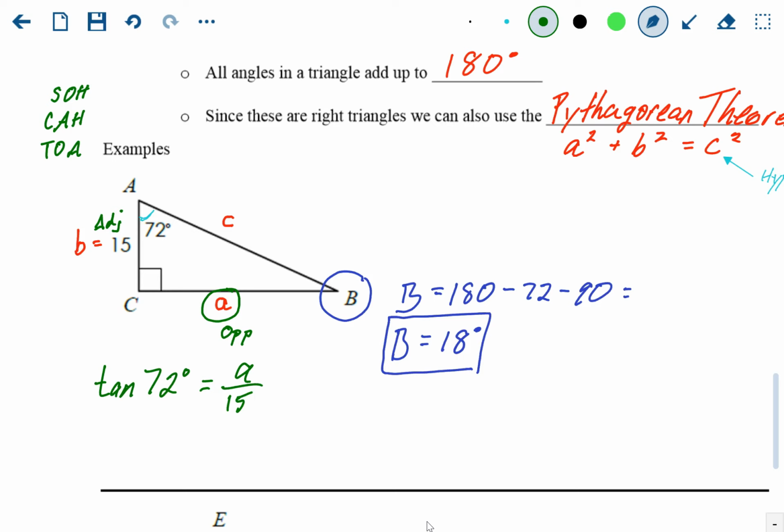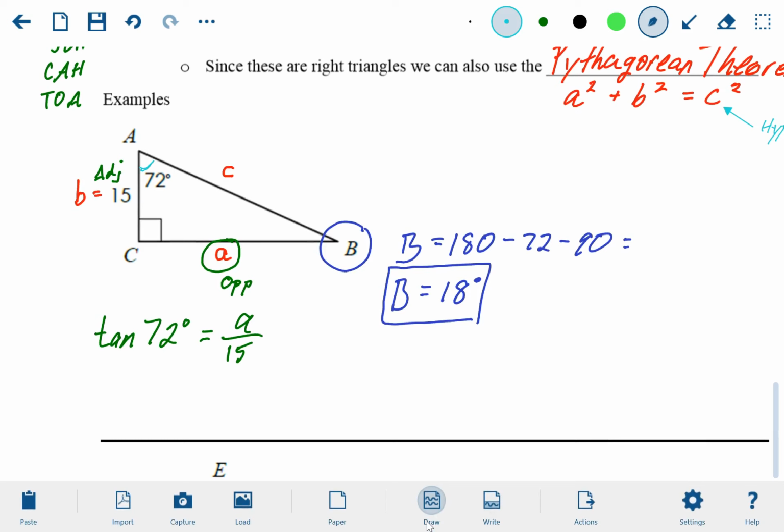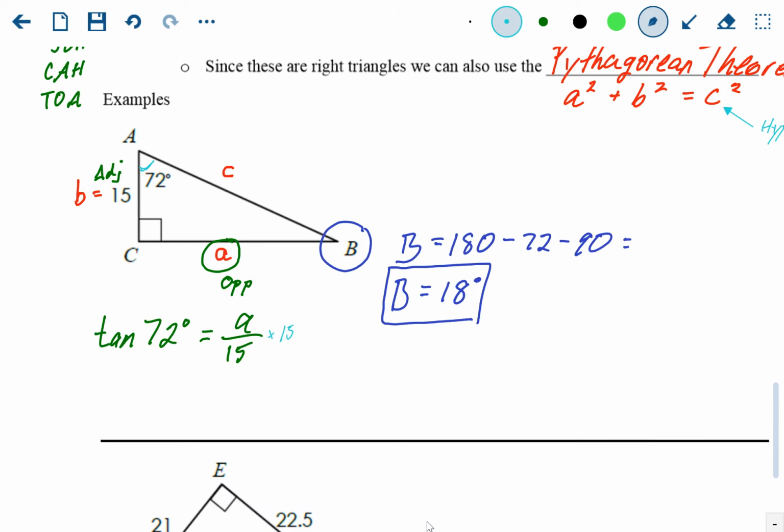Remember that if your variable is in the top of the fraction of the ratio, you would just multiply both sides by 15. So side A is going to equal 15 times tangent of 72.